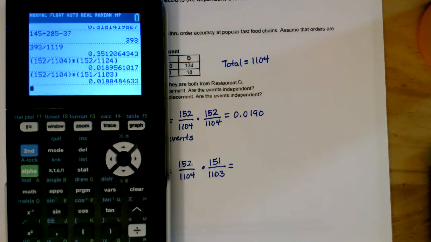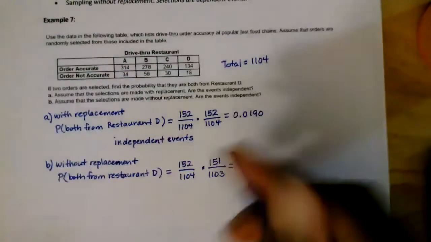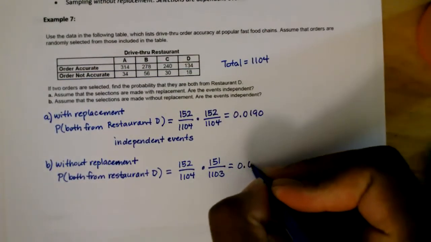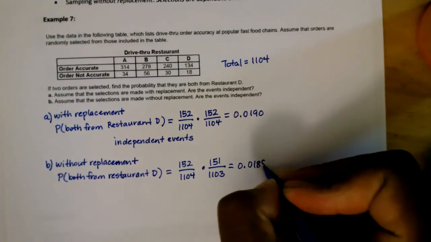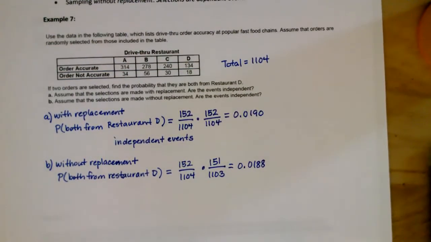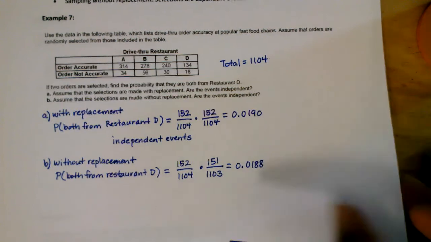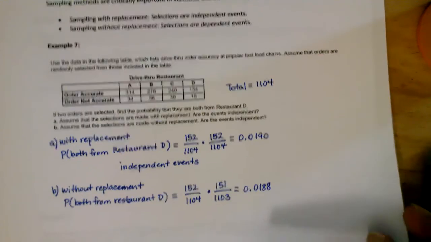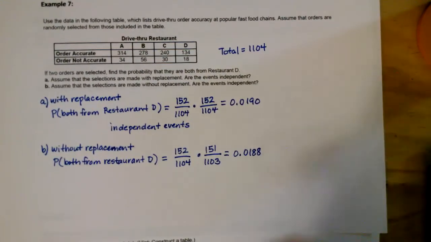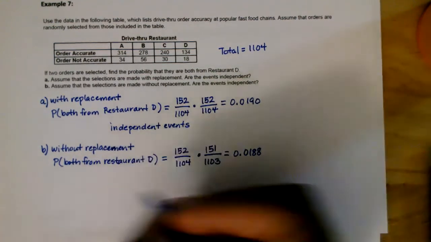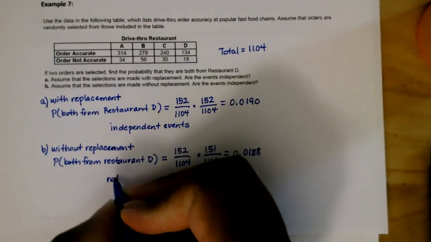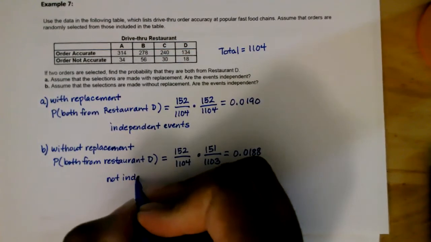And to 4 decimal places, this would be approximately 0.0188. And then the question is, are the events independent? In this case, sampling without replacement, they are dependent events. So here, we can just say that they are not independent events.